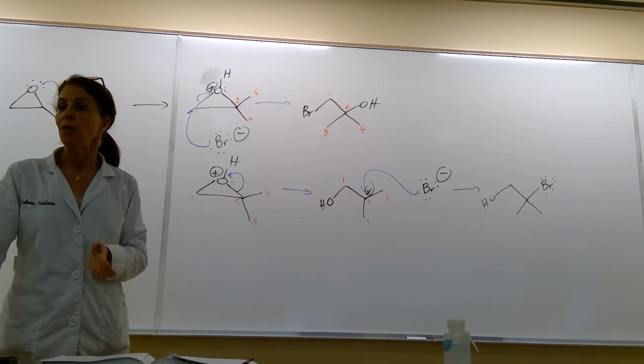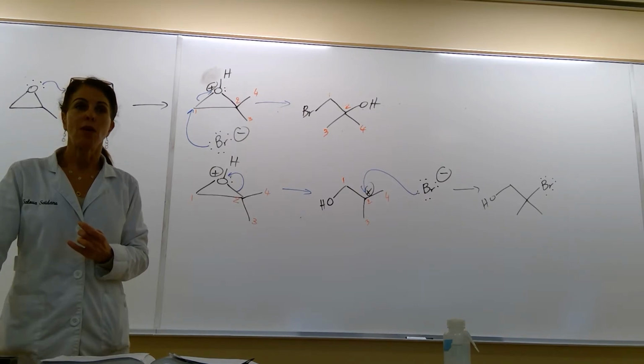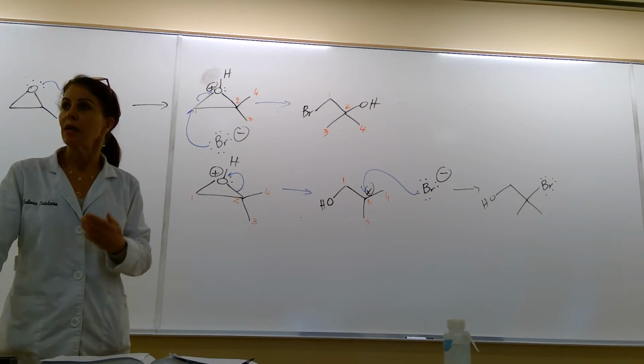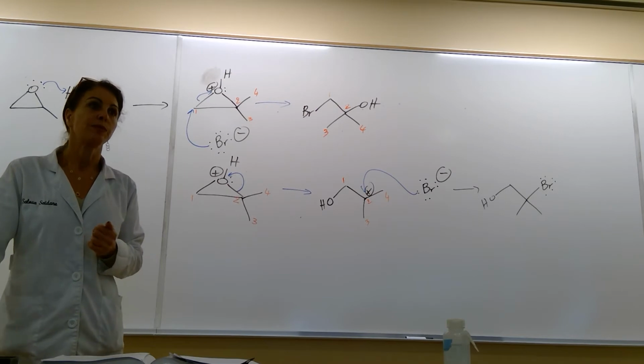So the halogen always adds to the most substituted carbon. Again, why is that? Because it goes through a stable what? Carbocation that is trigonal, more exposed.